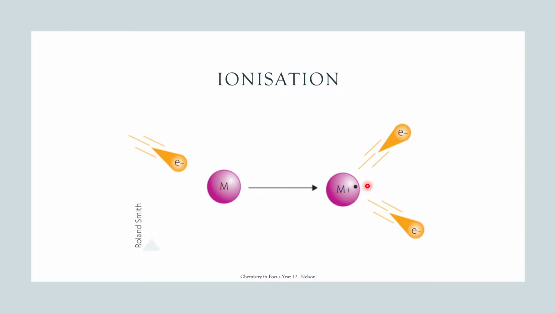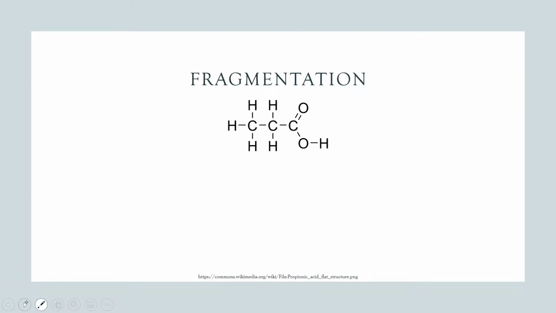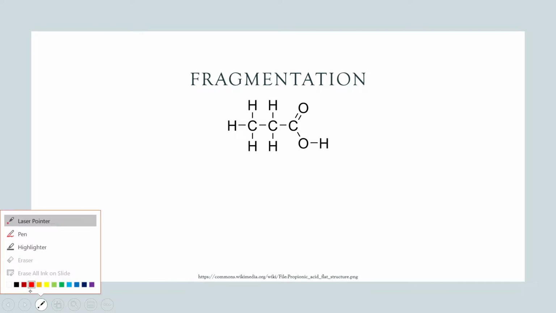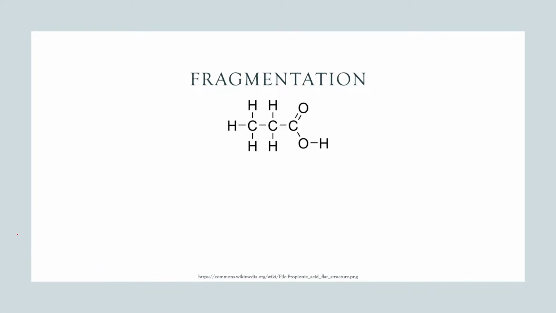What can also happen in this ionization process is that the molecule itself can have its bonds split, breaking the substance up into smaller parts. We call the splitting of a molecule into parts fragmentation. So for example, what could happen is that electrons could be coming in.